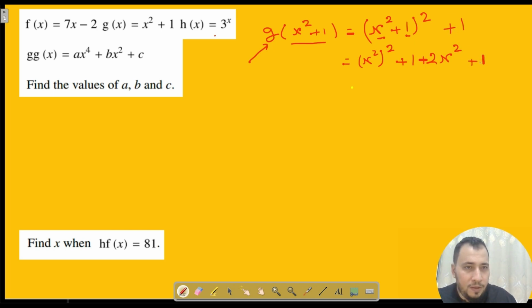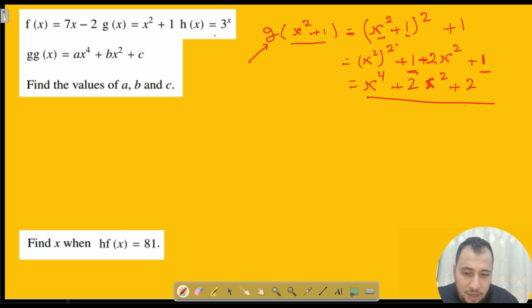Let's simplify it. X squared squared, I have here squared inside and outside, that means it is x power of 4, plus 2x squared plus 1 plus 1 equals, so that this is plus 2.